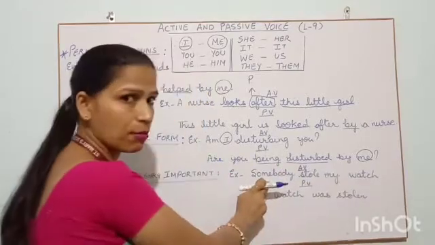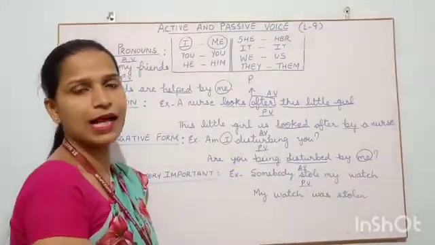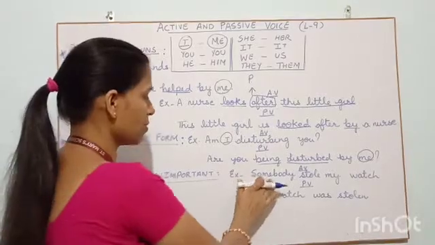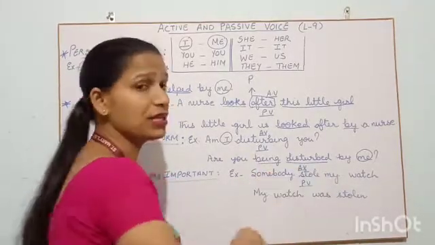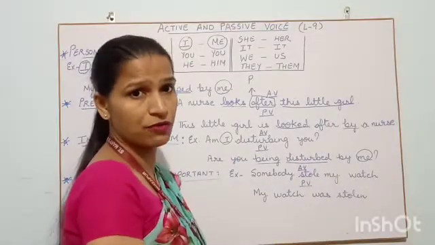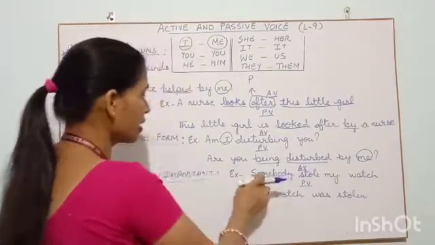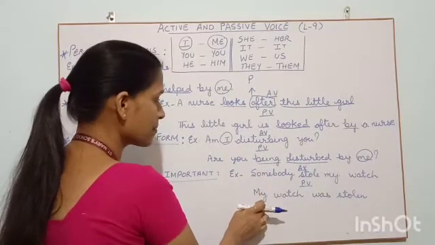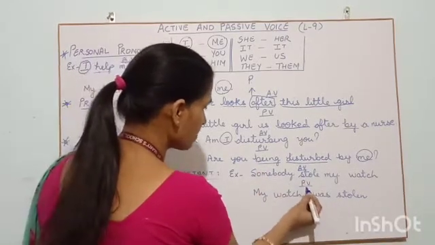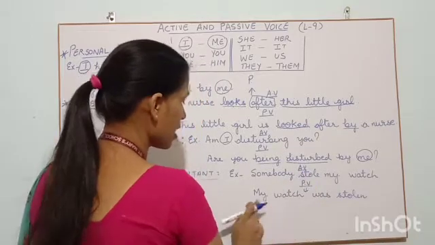Now who is this somebody? We exactly have no idea who is this somebody. Means if this somebody, since we are not knowing, if we will not mention in the sentence also, then also it will not have any effect on it. So what we will do when we are changing from active to passive voice? This is passive voice. This is active voice.